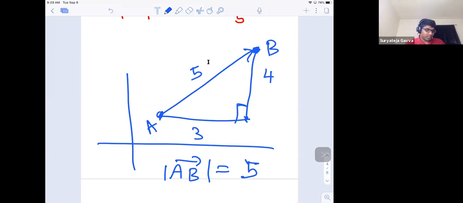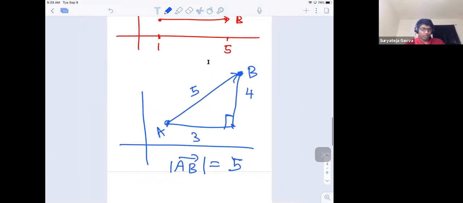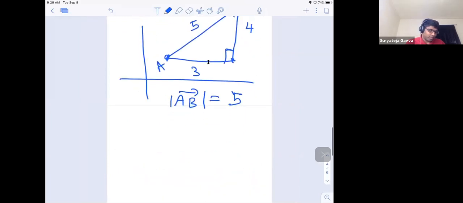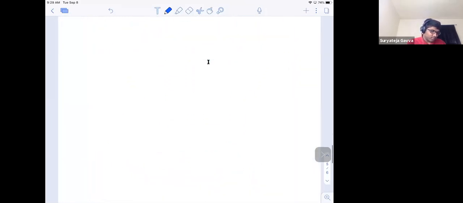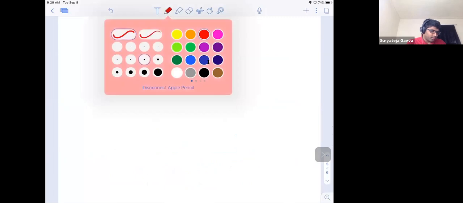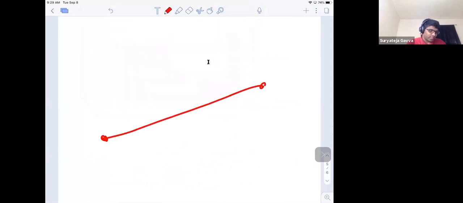Okay, so that's the part about vectors. Again, you draw any 2 points in the space. They need not be on the plane. You can take any 2 points, from here to there, anything in the space around you, and draw a vector.